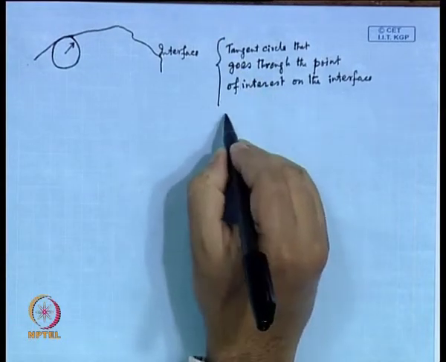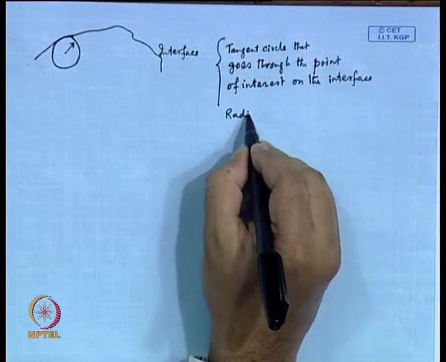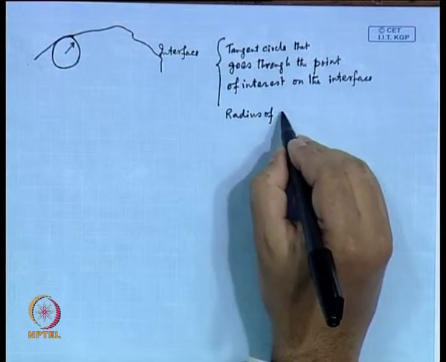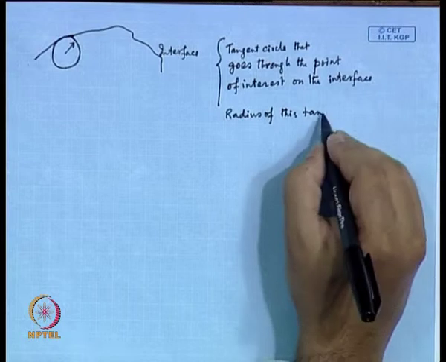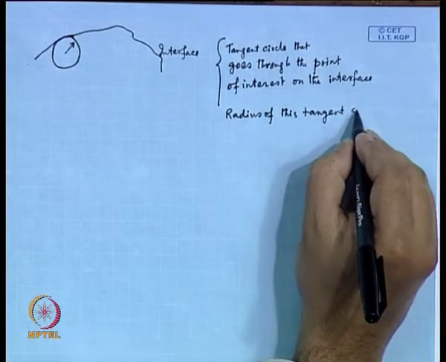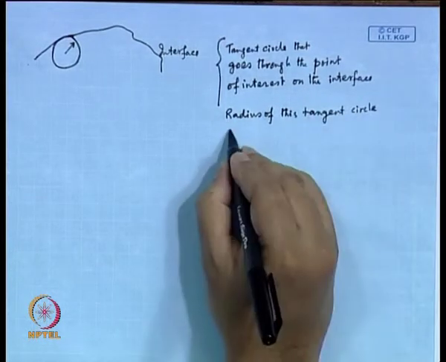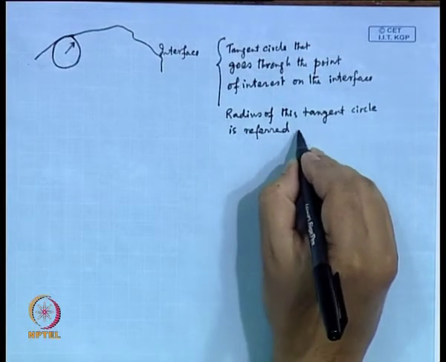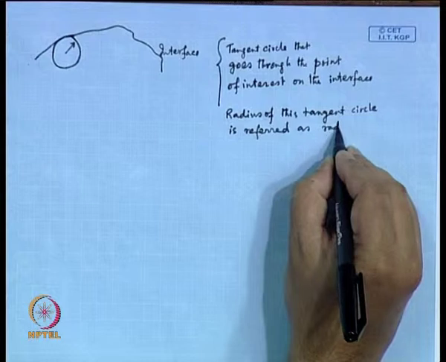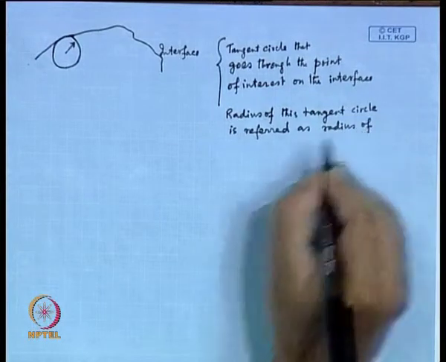Now, the radius of this tangent circle is referred to as the radius of curvature.